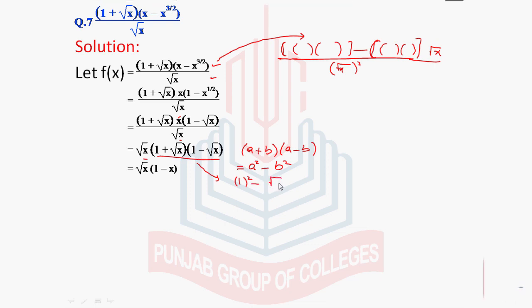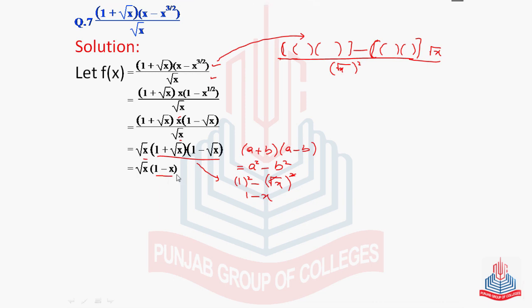Here square root of x will be as it is, and by using this formula of a plus b and a minus b, which is a square minus b square, that is 1 minus square root of x whole square, that will be 1 minus x. So we have here 1 minus x.